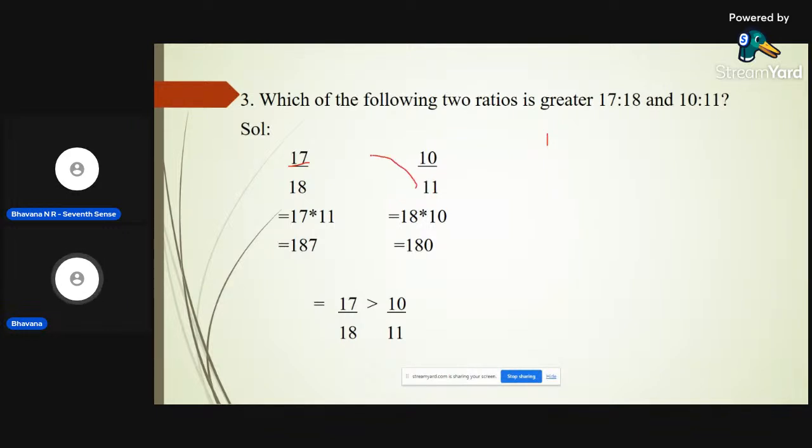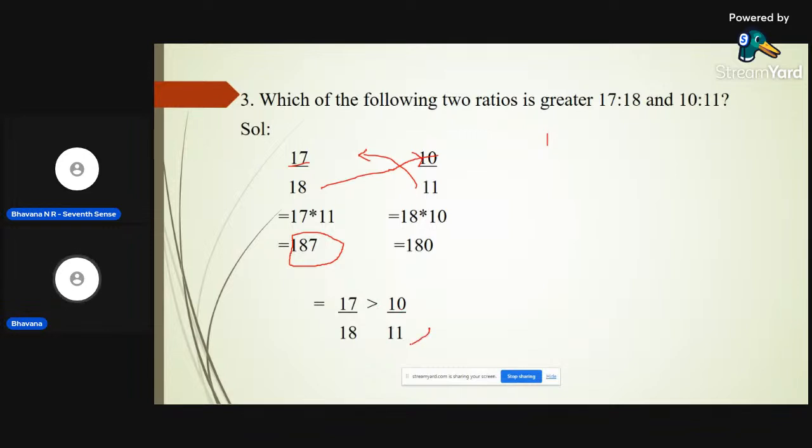Here we just cross multiply these values: 17 times 11 and 18 times 10. Which is the greater value? 187 is the greater value. So we write 17 by 18 is greater than 10 by 11.